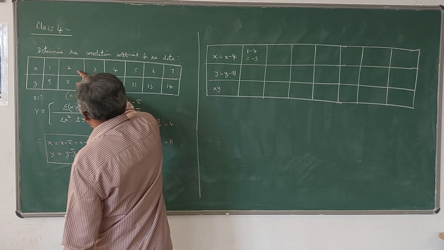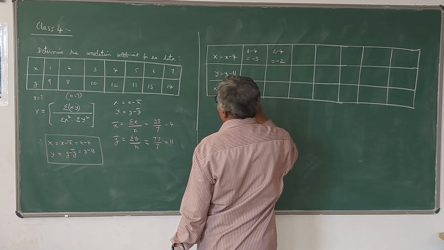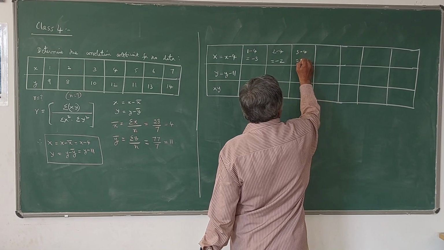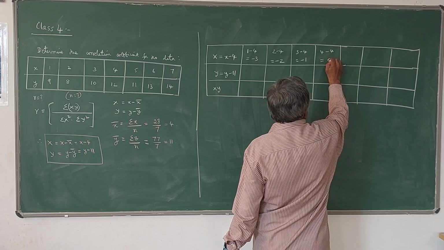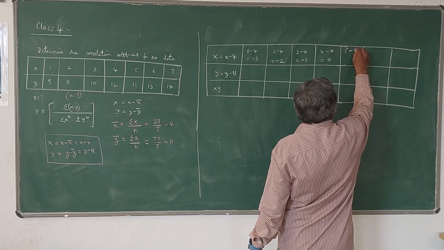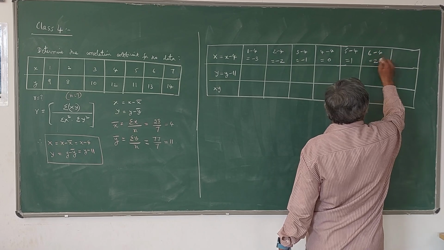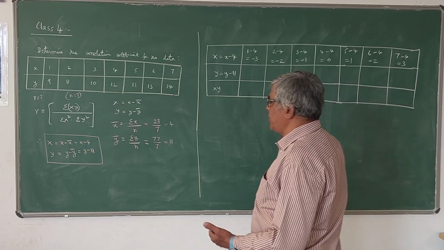Then the second value is 2 minus 4, which is minus 2. The third value is 3 minus 4, which is minus 1. 4 minus 4, 0. 5 minus 4, 1. 6 minus 4, 2. 7 minus 4, 3. These are the capital X values.